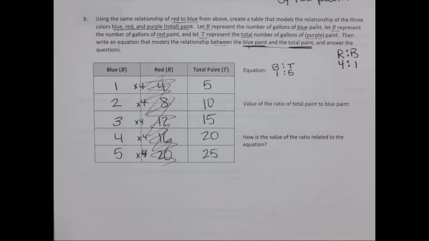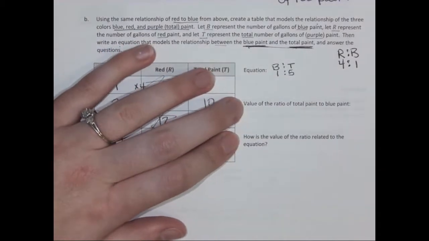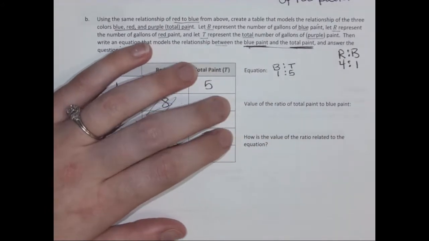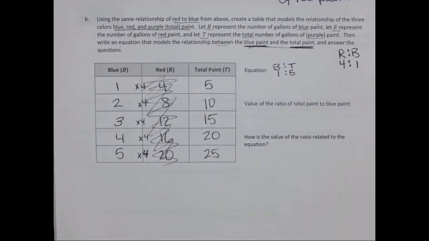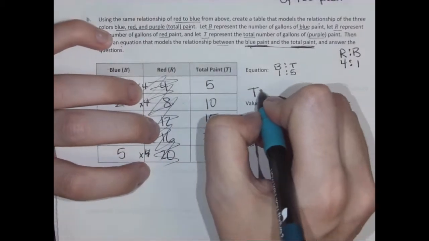Okay, let's talk about it. Your ratio is 1 to 5. That's blue to total. Now there's two different equations I can write, right? I can find out how much blue given a certain total, or I can find out how much total given a certain amount of blue. Which one do you want to do, Kai? How much total if I have some amount of blue?